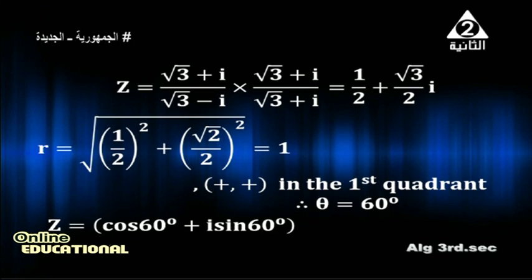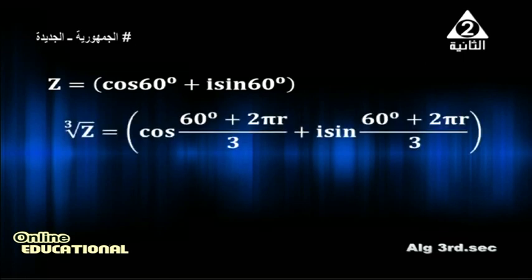In complex form, Z equals cosine 60 plus i sine 60, with R equals 1, the modulus. And don't forget the complex number must start from cosine and i sine. The sign between them must be positive, not negative. Z equals cosine 60 plus i sine 60.